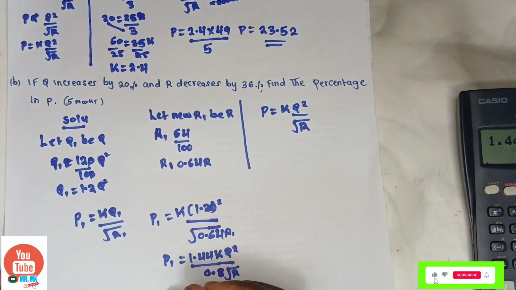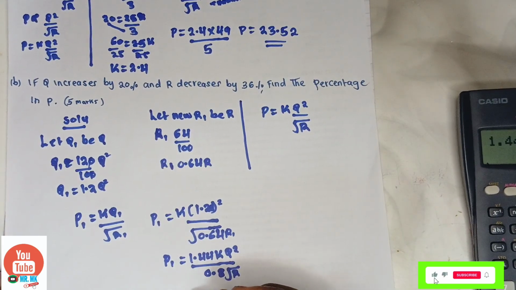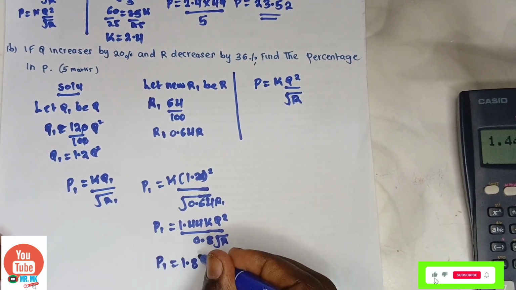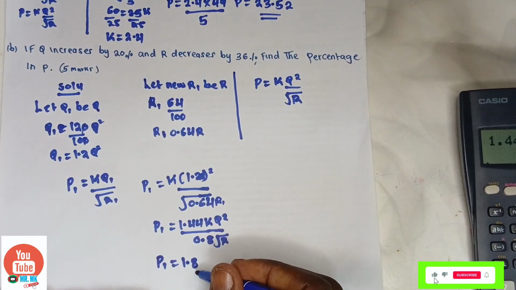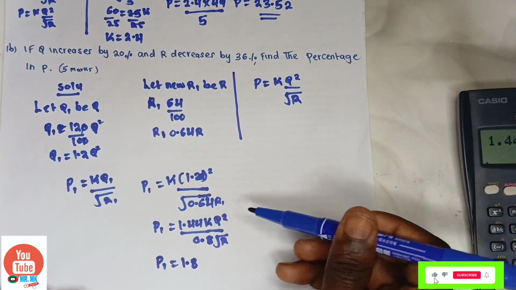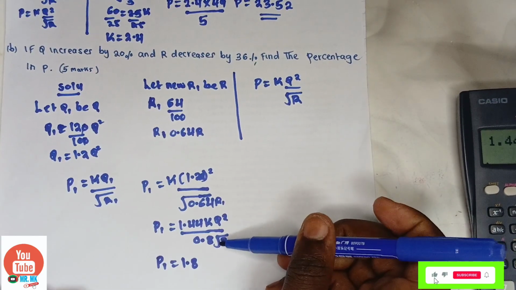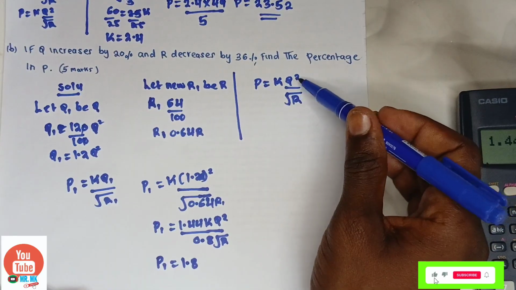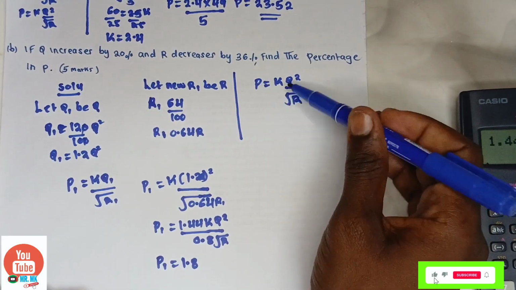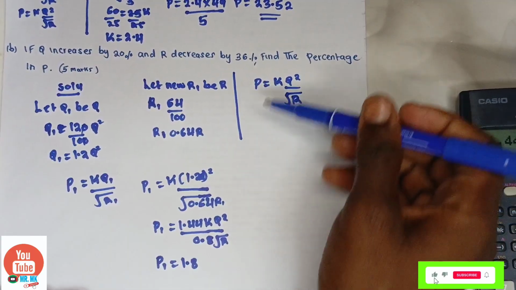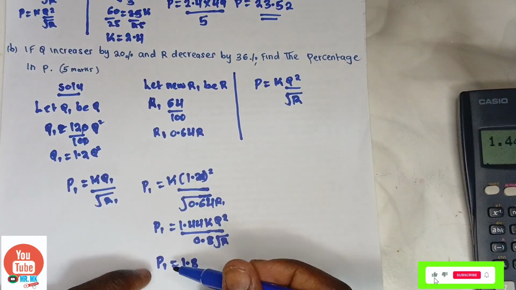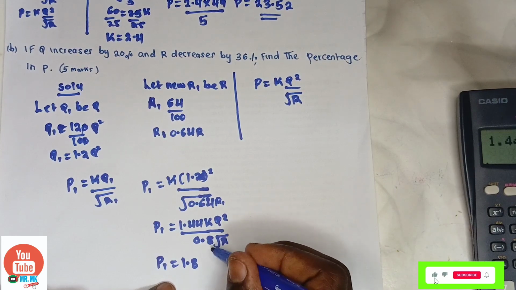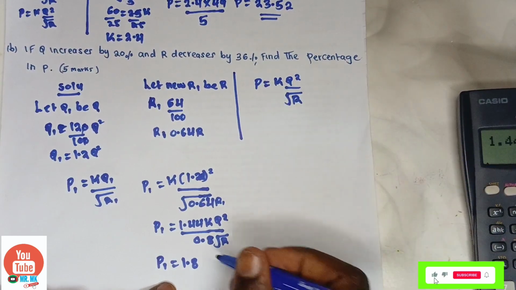Now the new P is 1.8 of original P. P1 is equal to 1.8 P.